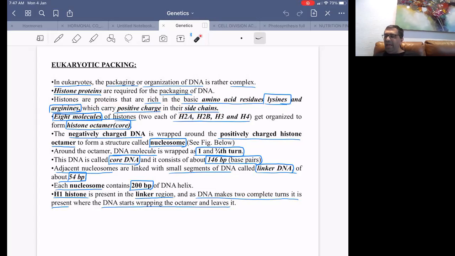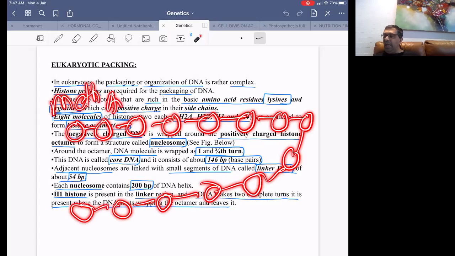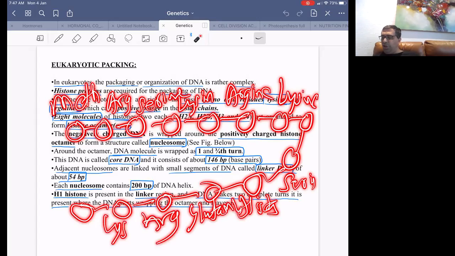So suppose there is a histone protein. A protein is a chain of amino acids. So a histone protein is a chain of many amino acids: methionine, arginine, serine, lysine, arginine, lysine, serine, histidine, glutamic acid, arginine, lysine, arginine.